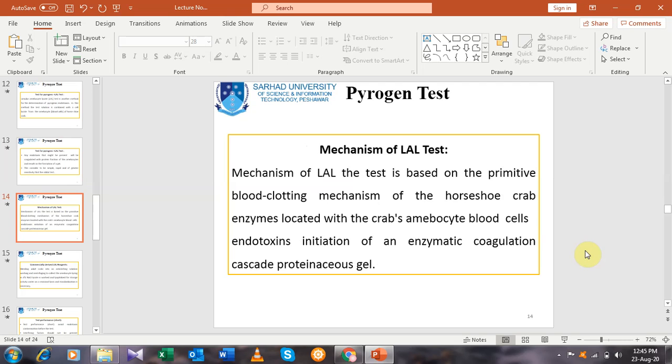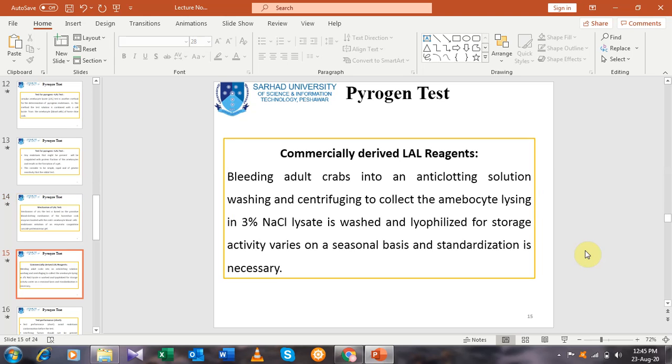The mechanism: if the endotoxin is present in the sample, then it will initiate the endotoxin enzymatic coagulation cascade, and proteinaceous gel formation will occur by combining the enzymes present in the horseshoe crab lysate with the endotoxin, and ultimately proteinaceous gel will be formed.